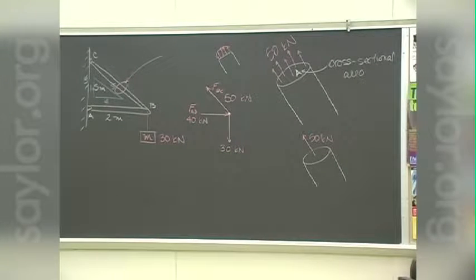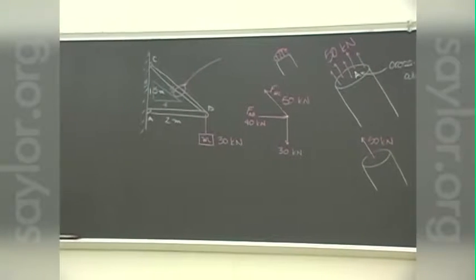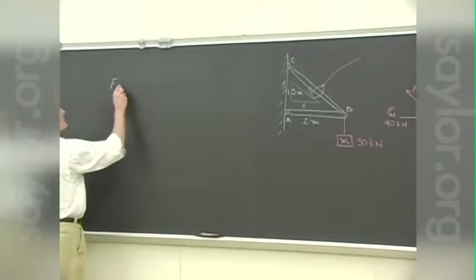So those two quantities, the internal force in a material, in a structural member, and its cross-sectional area, are right now the two most important things that we have to concern ourselves with.